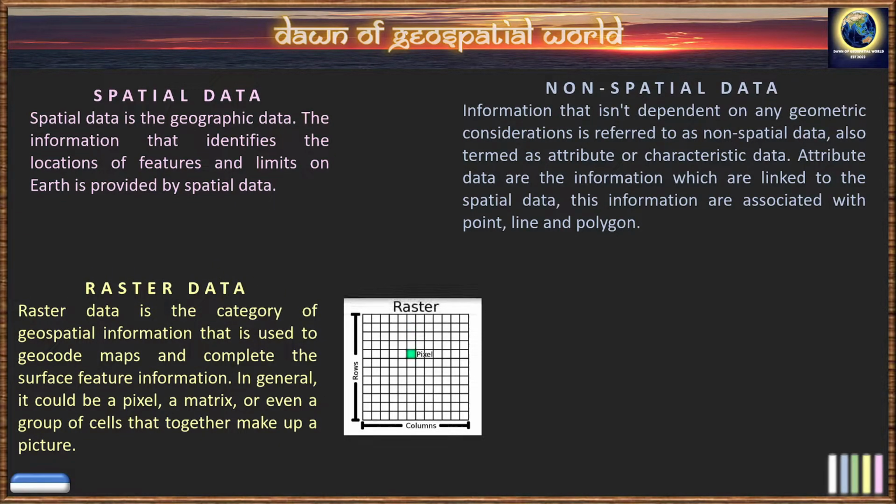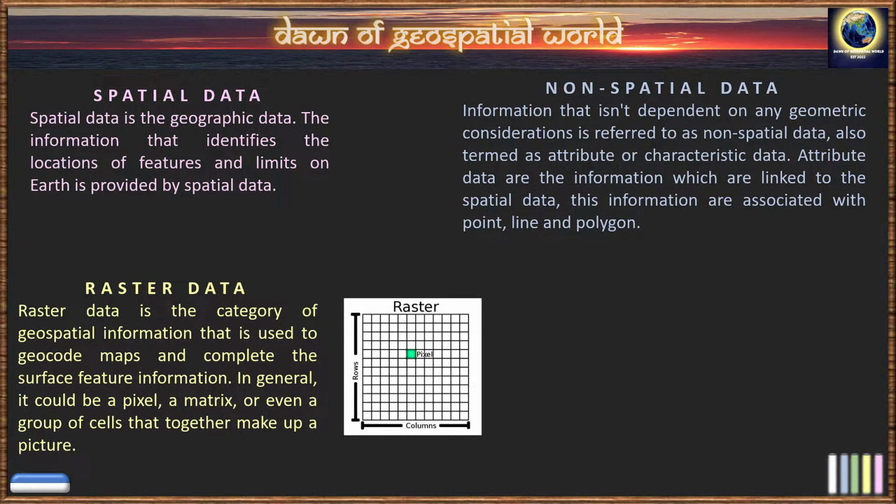Raster data. Raster data is a bundle of geospatial information which is used to geocode maps and complete the surface feature information. It is mainly built with pixels, matrix, or a group of cells that together make up a picture.